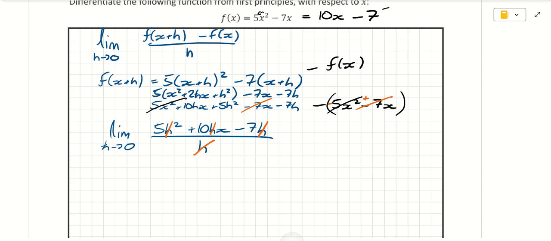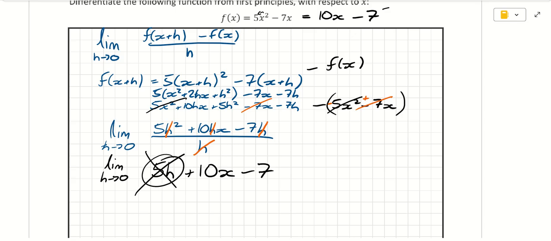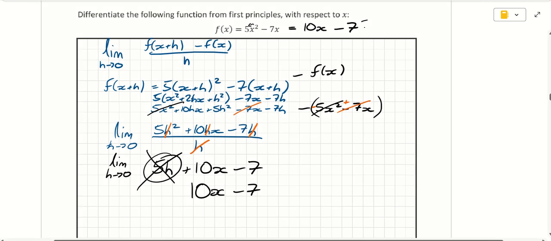And so we get 5h plus 10x minus 7. But don't forget, it's the limit as h tends to 0 of that. So the 5h is going to be 0, so bye-bye. And you will get 10x minus 7, just like we had up there.